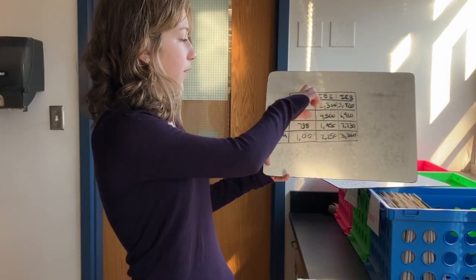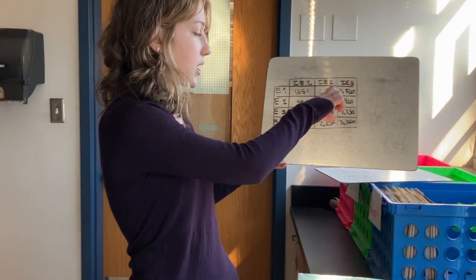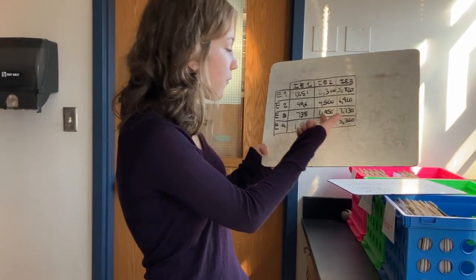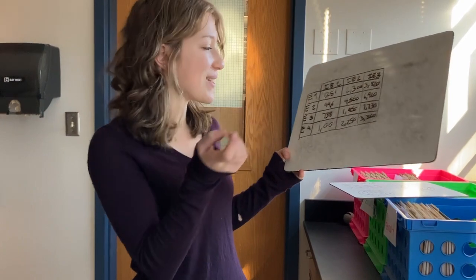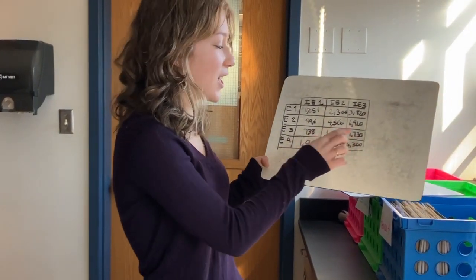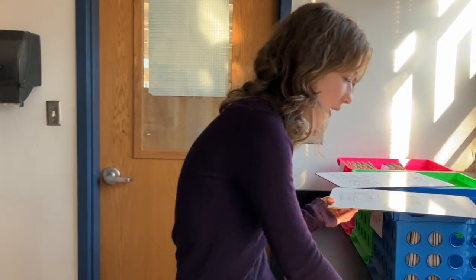So this is the first ionization energy, this is the second ionization energy, and here it goes from 1,456 to 7,730. So that's a really large number.